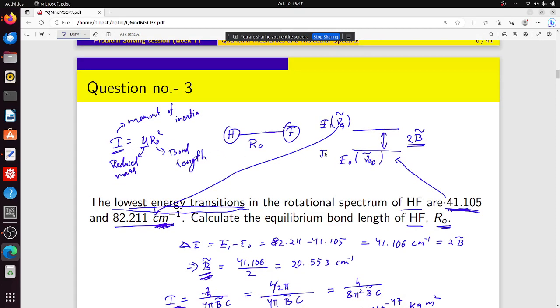Let's say this is J double prime and J double prime plus 1 state. The energy required to make the transition between these two states was 2 beta tilde. In this case J double prime was 0, that's why it was 2 beta tilde. If it is not 0, this will give us J double prime plus 1. So this much energy is required to make this transition.